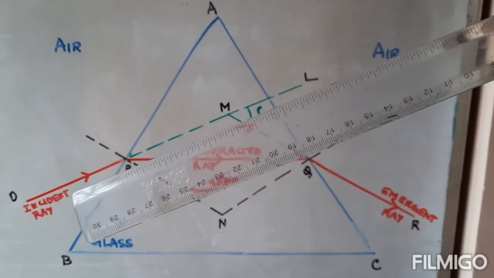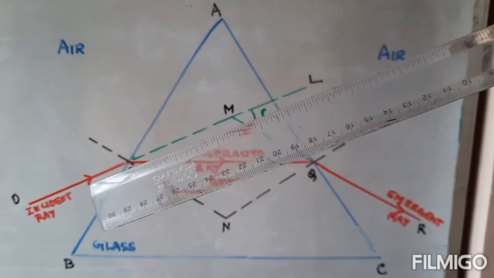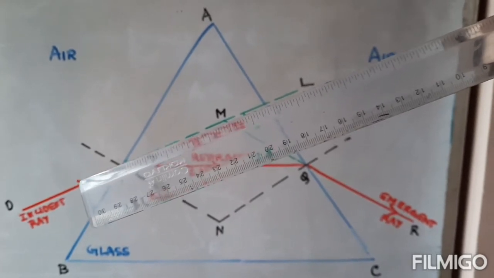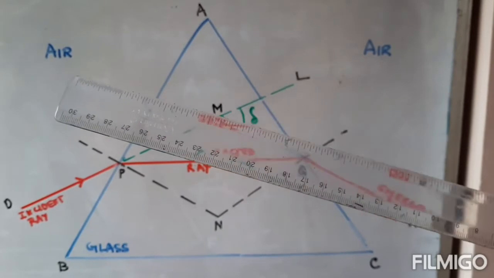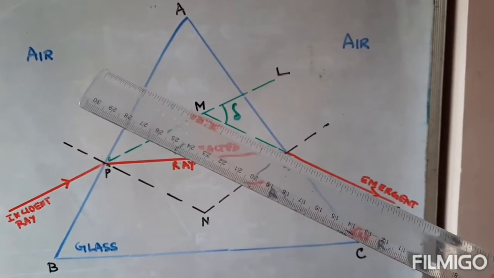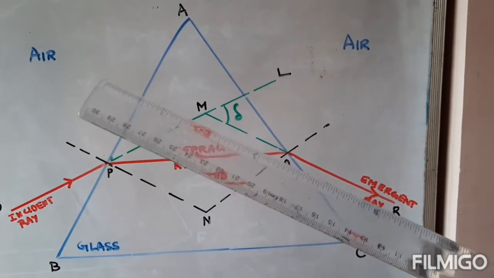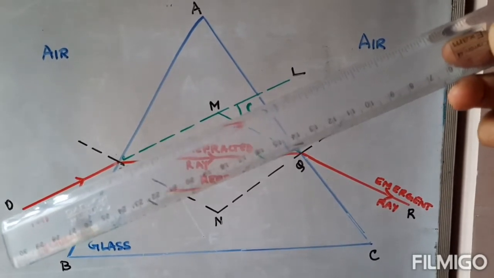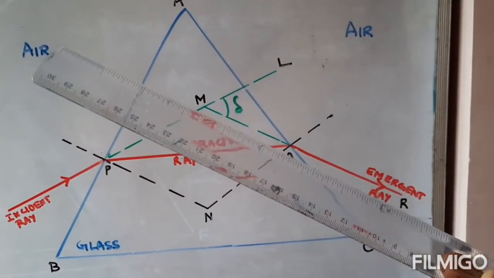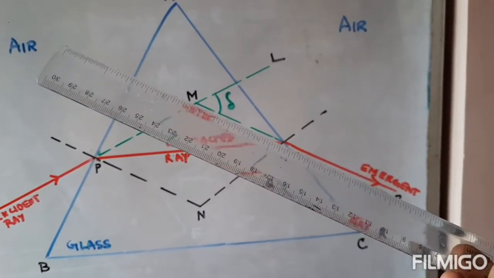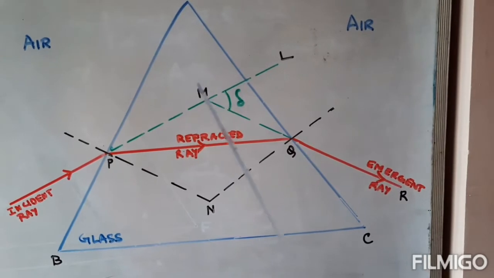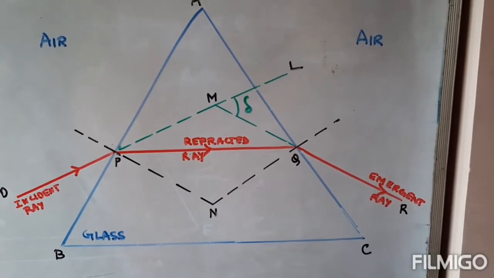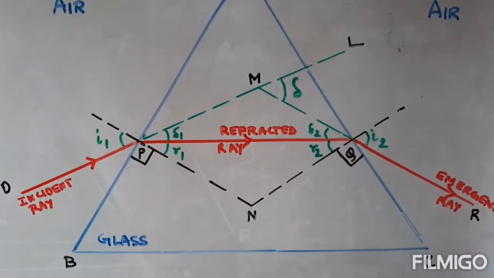That means it is taking this path OL, and because of the refraction, twice it gets refracted, it is taking this path MR. So, look at the deviation: OL is deviated to MR. So, this particular angle is the angle of deviation between OL and MR.